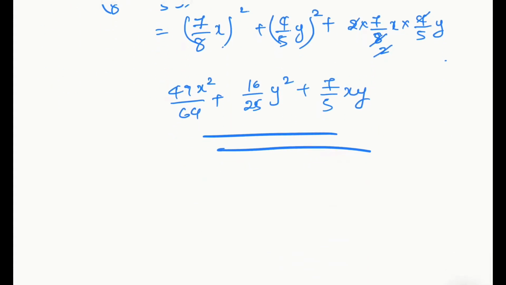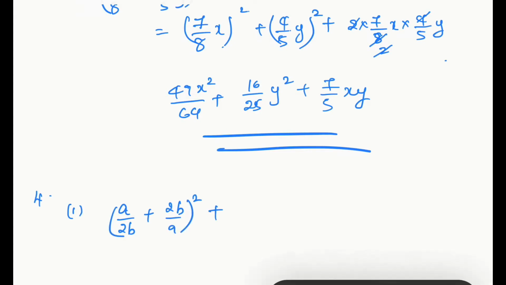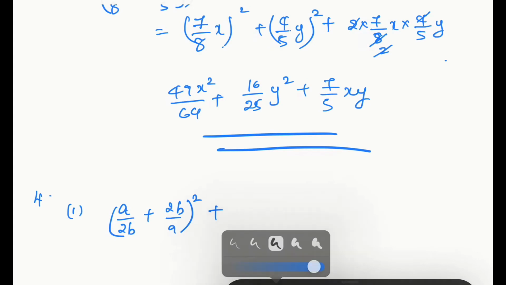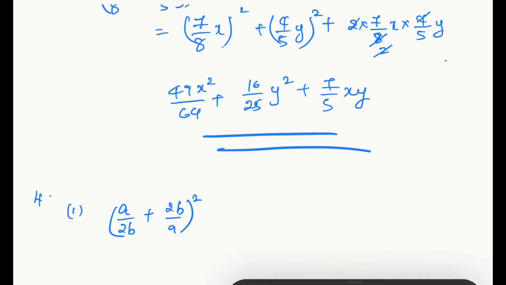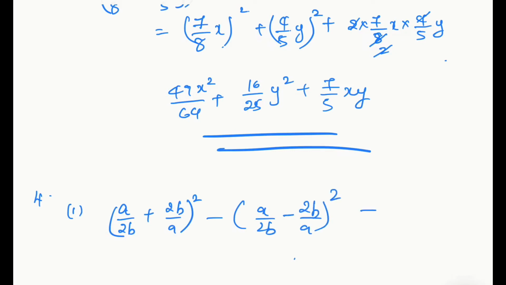Now coming to the fourth main. In the fourth main we have evaluate. First one, a by 2b plus 2b by a whole square minus a by 2b minus 2b by a the whole square minus 4. So this part, a by 2b and 2b by a are reciprocals of each other.